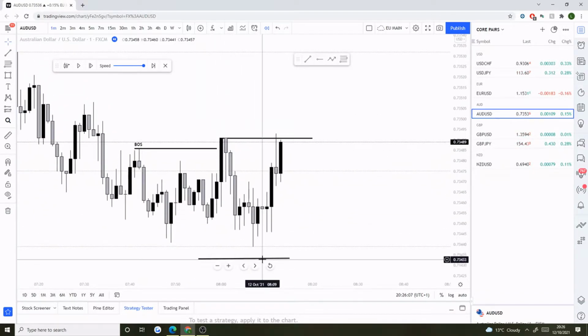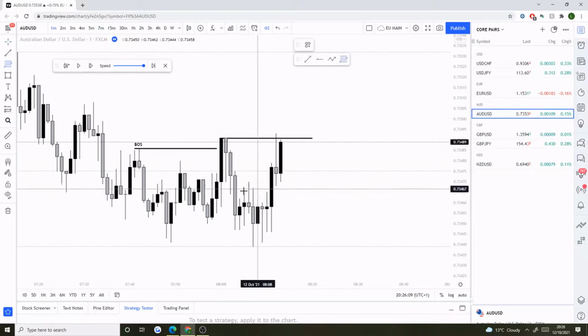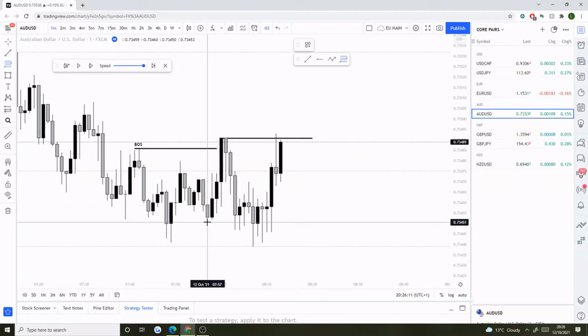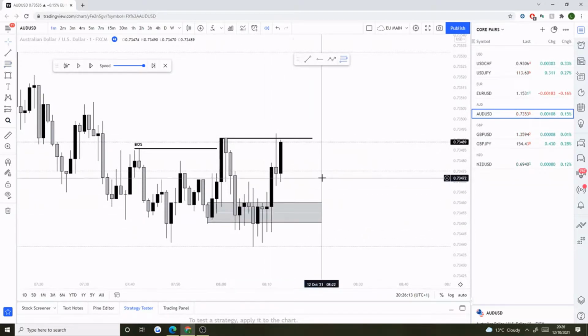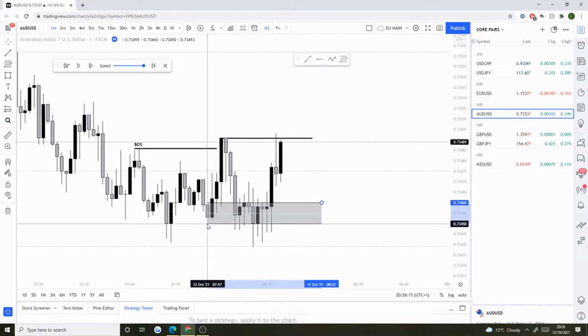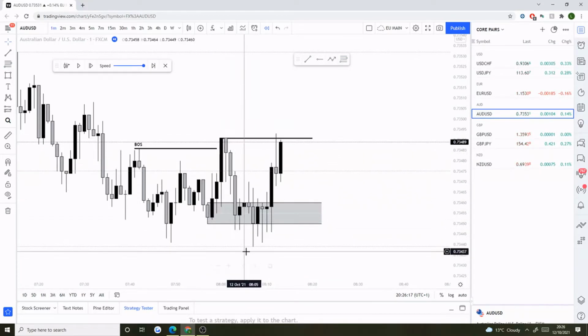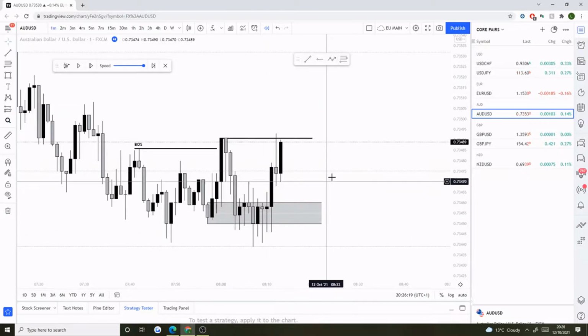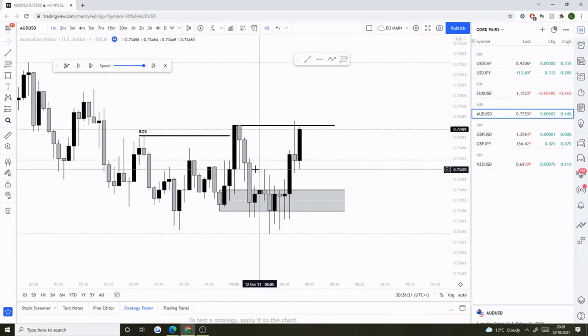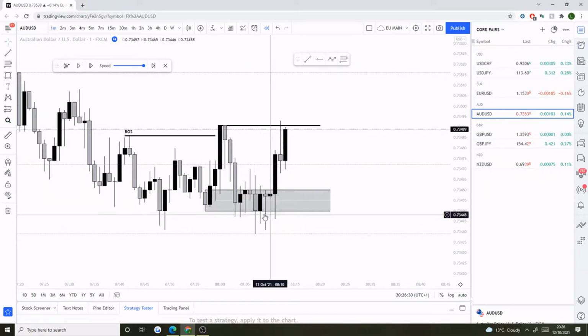So what I saw is that this first break of structure was caused by this candle here, and price has failed to actually break below that candle. This whole thing here with the wicks, I'll see that as a mitigation of the point of interest which caused this break of structure, and basically a liquidity grab as well.